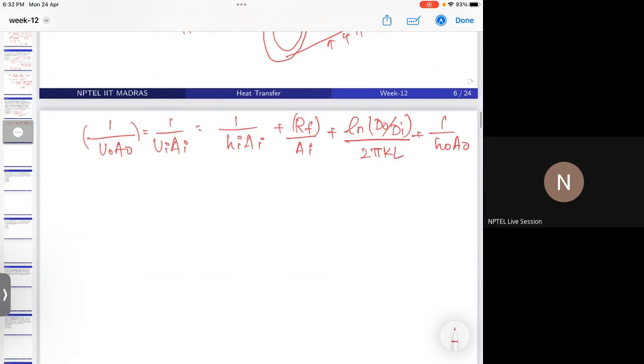As we are asked to find Uo, we multiply the entire thing with Ao, where Ao is equal to pi Do L.